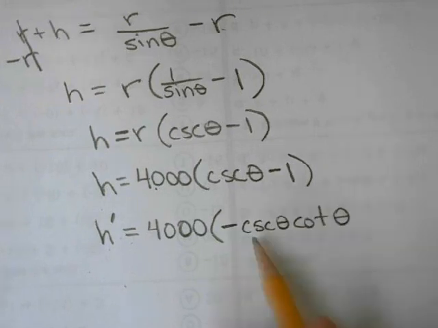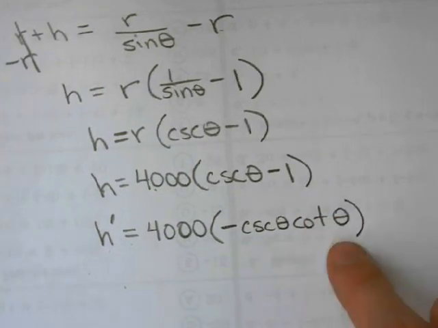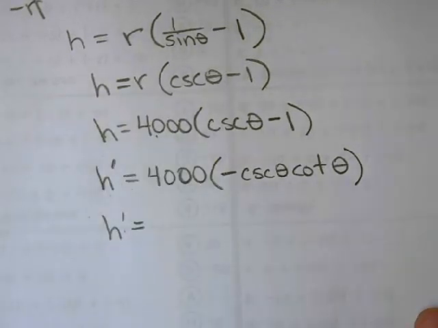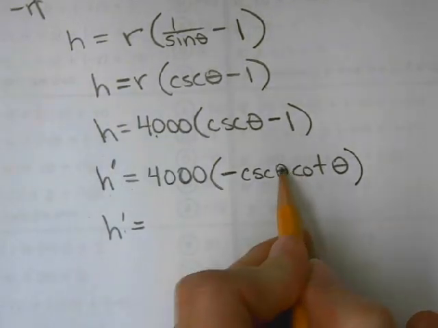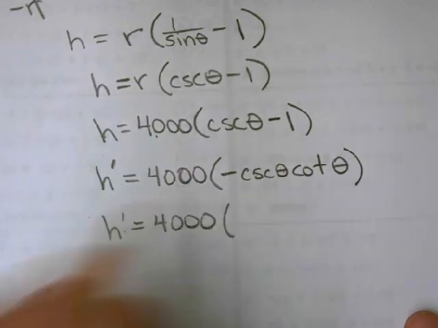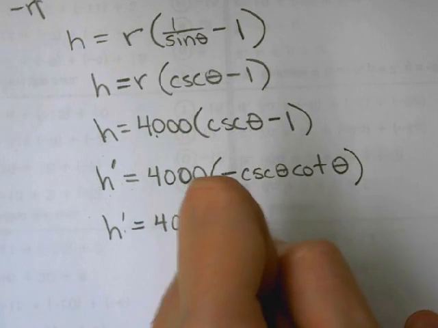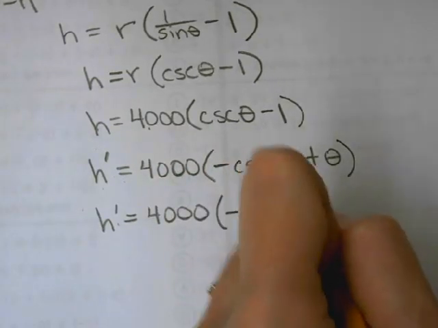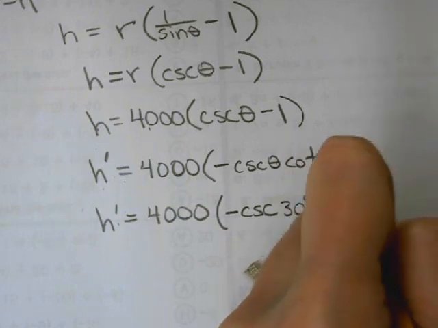So we get this. Now we can solve it. Then they want you to plug in the angle. They tell you to do 30 degrees. So you have negative cosecant of 30 degrees, and then cotangent of 30 degrees.